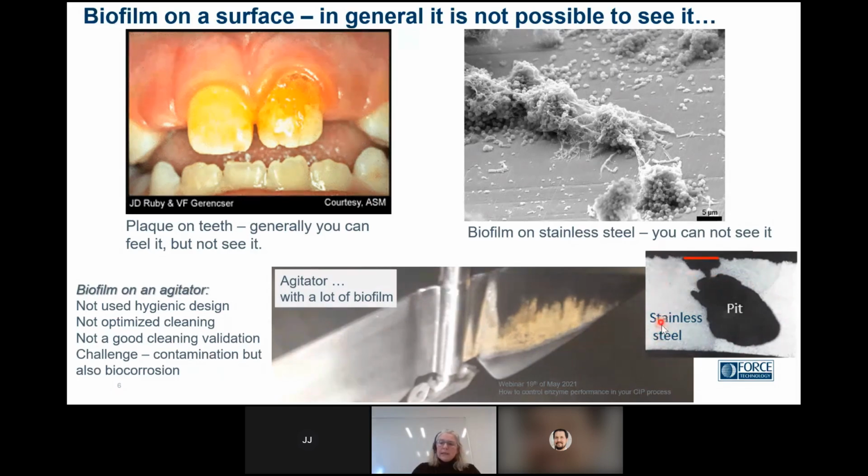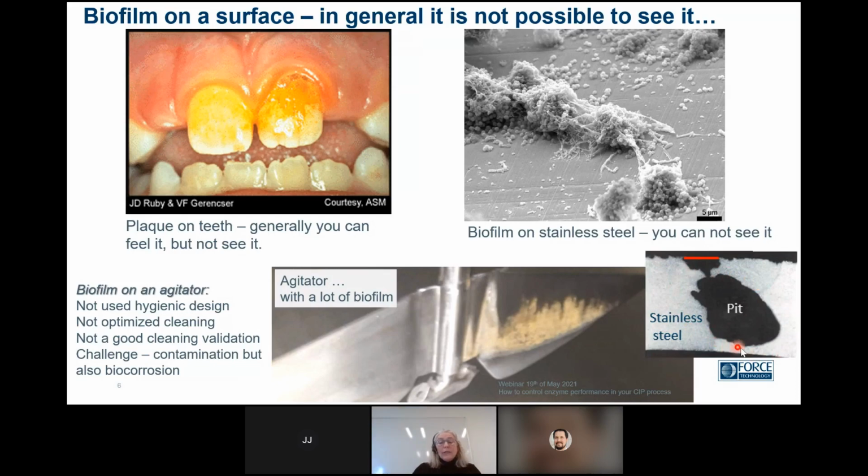The stainless steel is the white here, and biocorrosion or corrosion of stainless steel gives pits. We have the surface to the product side here, and when the pits grow, they start with a little pinpoint here and grow down into the stainless steel.